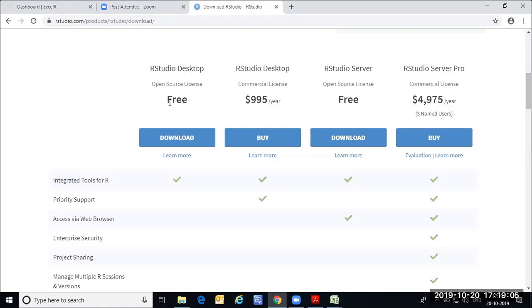You don't need to pay anything for downloading or installing this version. But there are some enterprises which encourage you to use only the licensed one. There you could go for the commercial license, which costs $995 per year, right? But even in organizations, people go with the open source version itself. You don't need to buy a licensed one.